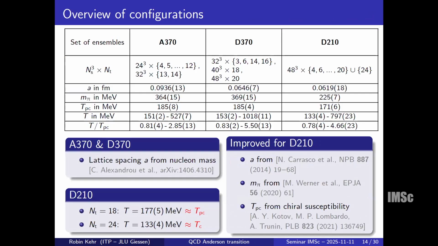I just showed these pictures here for A370, where we have 185, and then if we go to D210, the pion mass goes from around 370 to 225 MeV, and the pseudocritical temperature also reduces. I should also mention that this T_pc should probably be higher here.